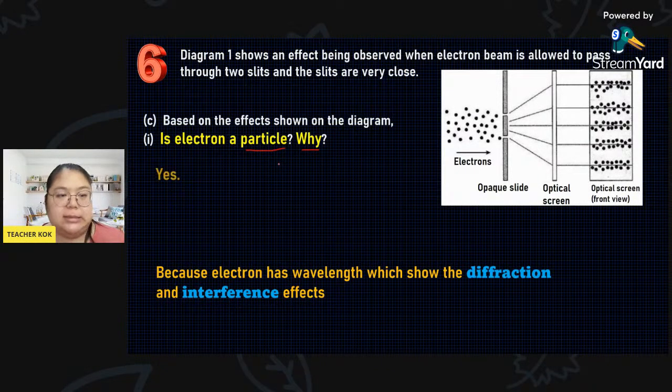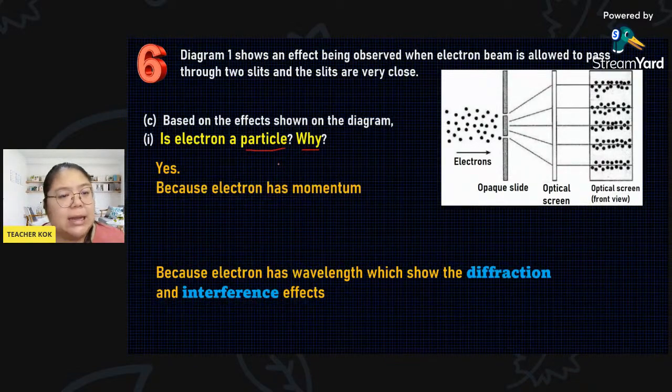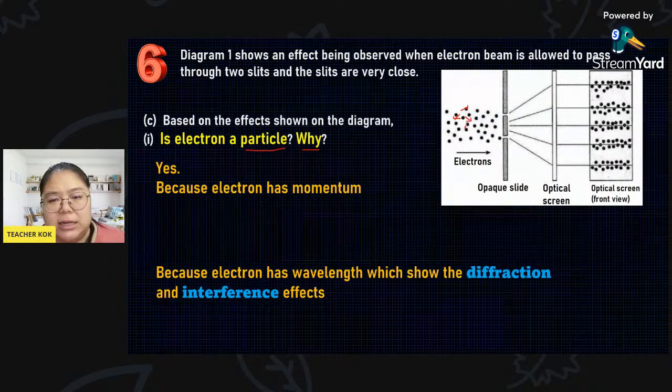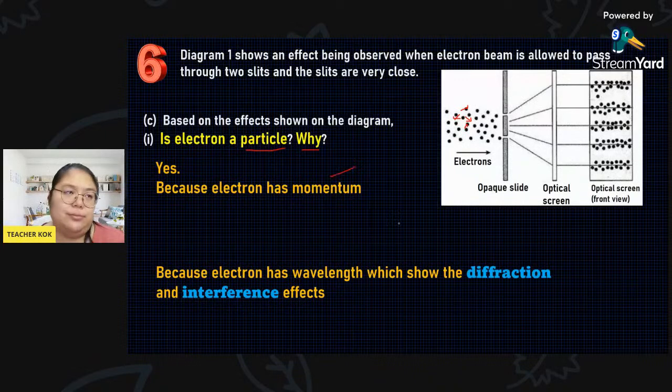Actually, yes, that's a particle. Why do we say electron is a particle? Because the electrons can collide with each other. When they collide with each other, actually they got momentum. So that means from here we can find electron actually is a particle.